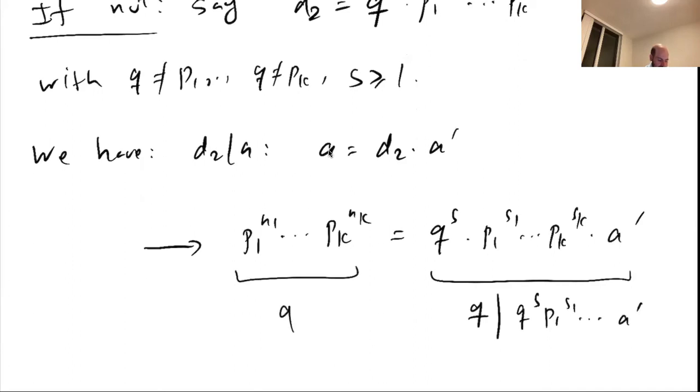But Q does not divide this number, because none of these Pi's is the same as Q. So then this equation cannot hold.